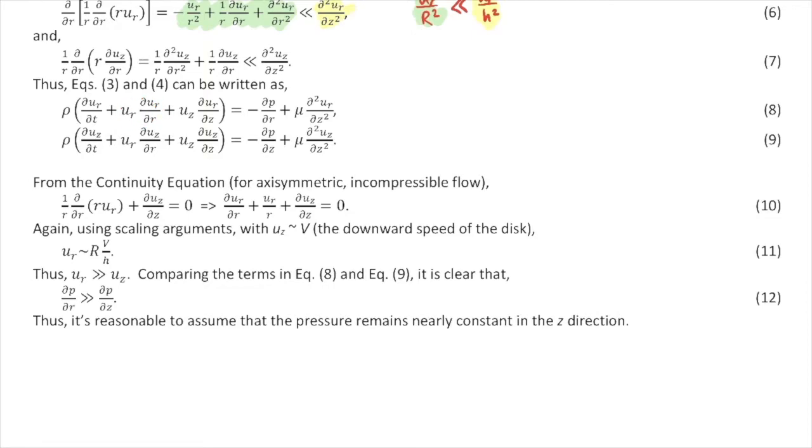The magnitude of this term would be rho times the magnitude of U_R, which looks like this, R times V over H. I'm just getting a characteristic size of that term. And then that'll be multiplied by another U_R, so this thing again, divided by a capital R, because it's d over dr. And that would give me the magnitude of this term times the density. And I can do the same thing for this term, and I can do the same thing for that term.